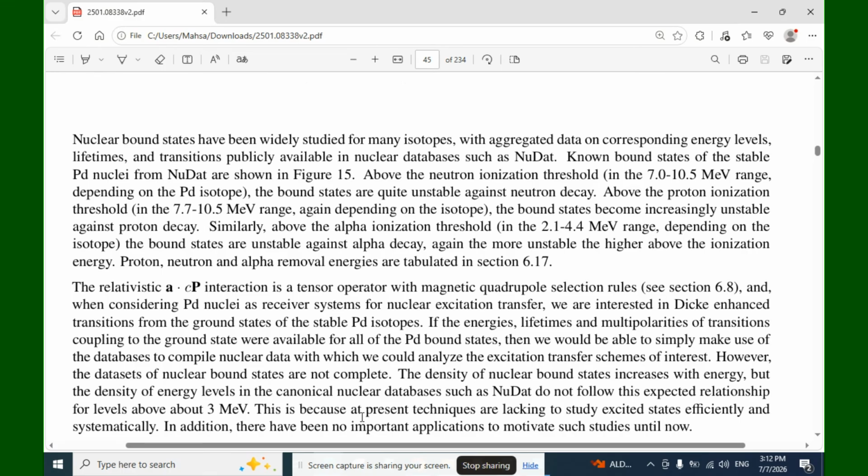Above the neutron ionization threshold, in the 7 up to the 10.5 megaelectron-volt range depending on the palladium isotope, the bound states are quite unstable against neutron decay. Above the proton ionization threshold, in the 7.7 up to the 10.5 megaelectron-volt range, again depending on the isotope, the bound states become increasingly unstable against proton decay.